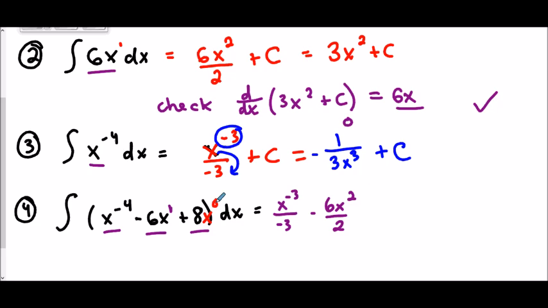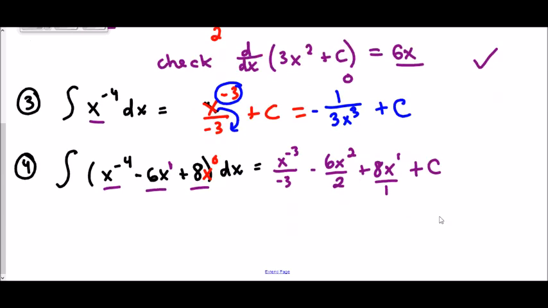So it's not like derivatives where a constant goes away. 0 plus 1 is 1. So this gives us plus 8x to the first power, and technically it's divided by 1, but you don't have to write those, so you can just go straight to 8x. And don't forget plus C.